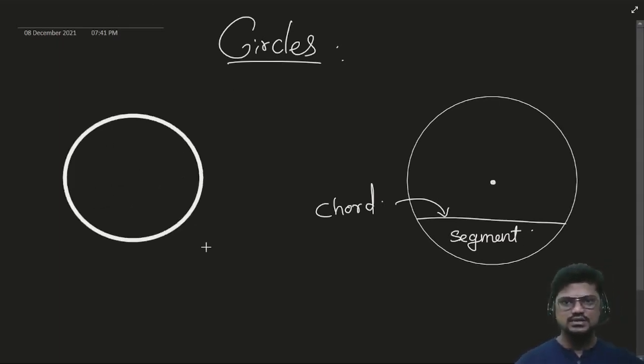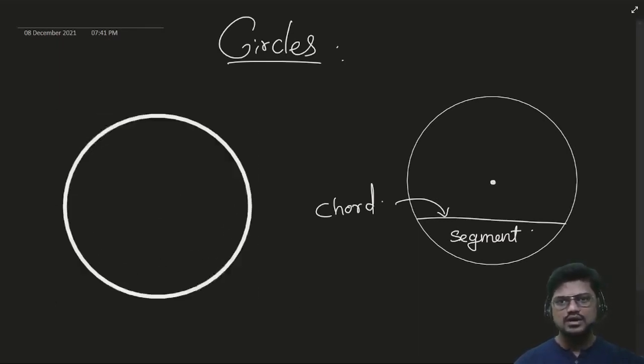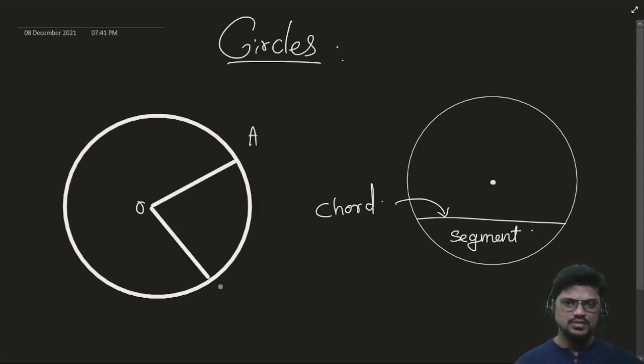If this is a circle, and if I draw lines like this, suppose this is the center O, this is A, this is B, and C. So A, O, B, C is what? It's a sector.